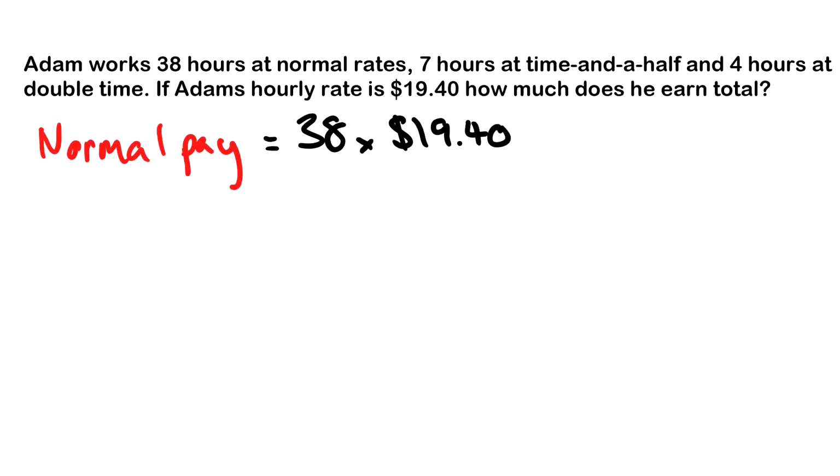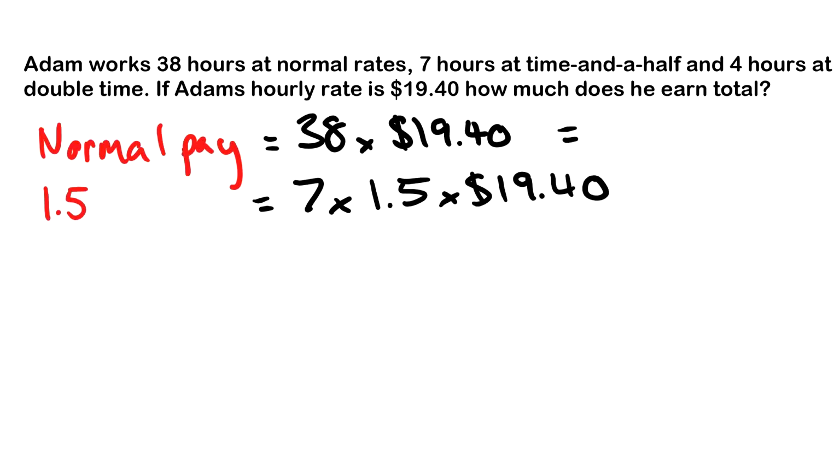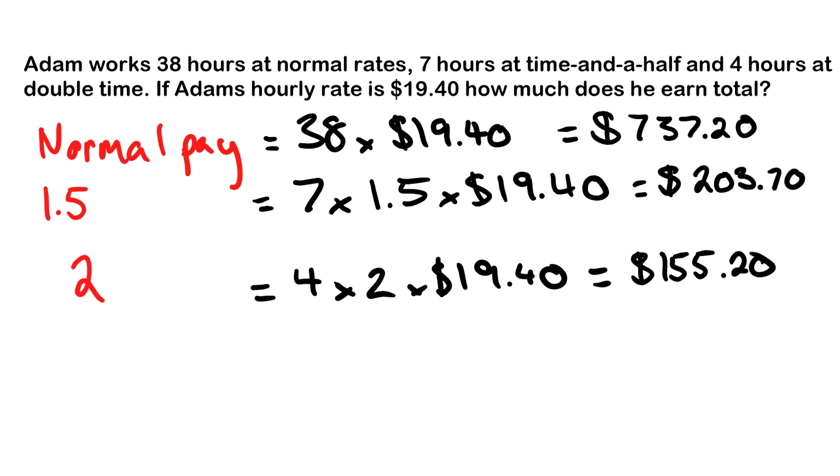We can then focus on time and a half, and that's going to be his 7 hours times 1.5 times his hourly rate. We'll calculate these in a second. And then his double time is going to be 4 hours times 2 times $19.40. Now I calculated all of them and the answers are on the side.